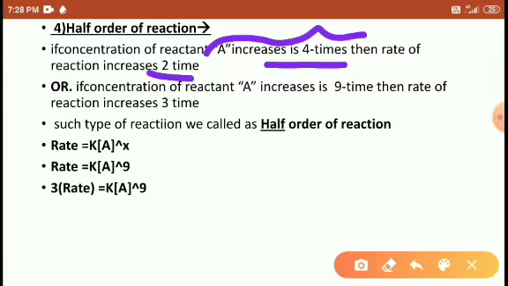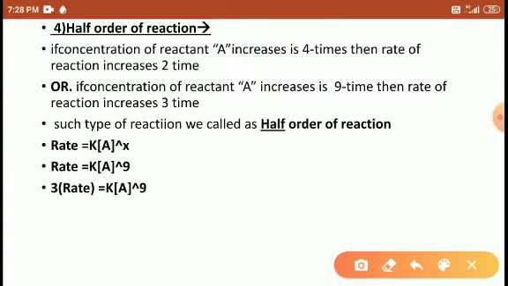If we increase the concentration of reactant 4 times, then the rate becomes 2 times, that is we call the half order of reaction. It means the speed decreases as the concentration increases, the speed of formation of product decreases, that is we call a half order of reaction, students. Right, students?